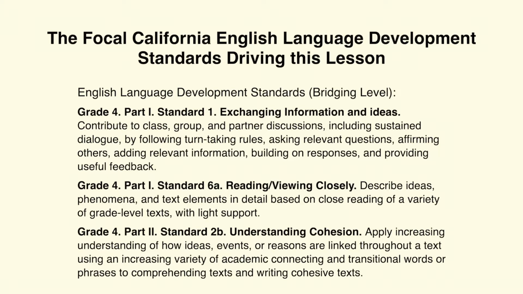And Grade 4, Part 2, Standard 2B, Understanding Cohesion, where students apply increasing understanding of how ideas, events, or reasons are linked throughout a text using an increasing variety of academic connecting and transitional words or phrases to comprehending texts and writing cohesive texts. Watch how students move from early levels of proficiency toward the bridging levels of these standards throughout the lesson.